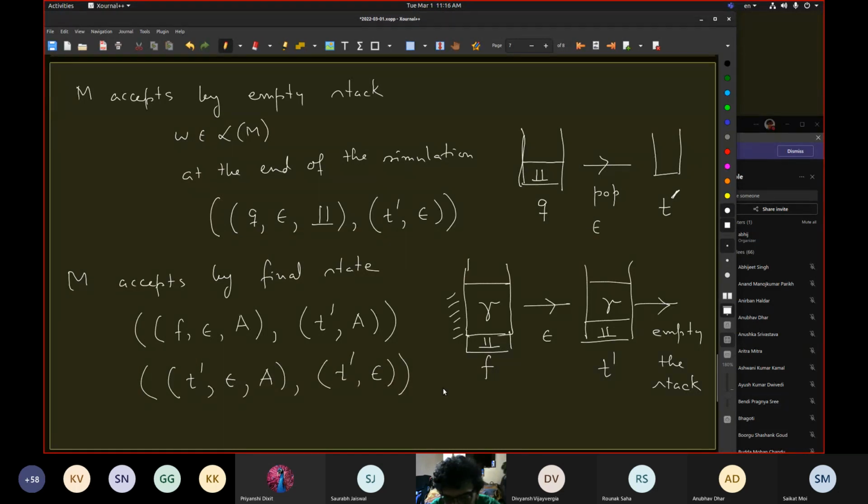So I leave the formal proof that the language of M and the language of N are exactly the same. You proceed in the usual manner. Take any string X in this side, show that X is also in this side.